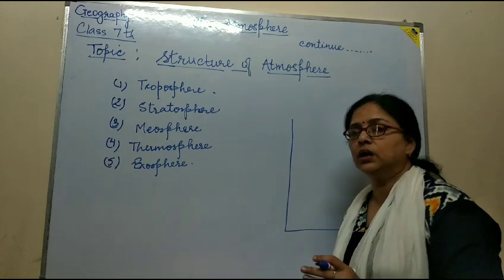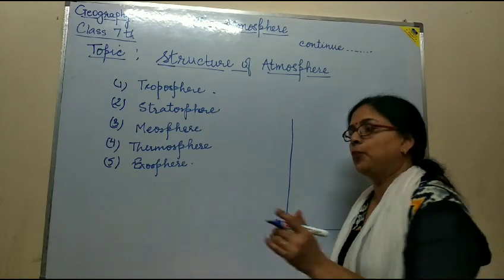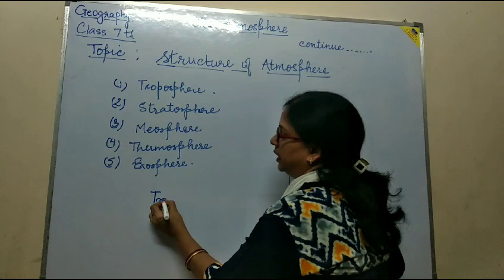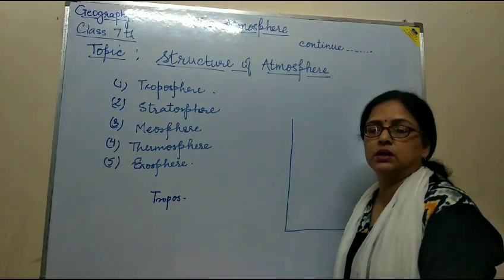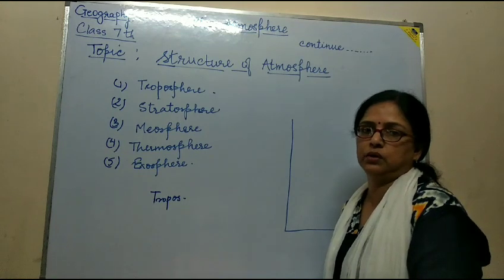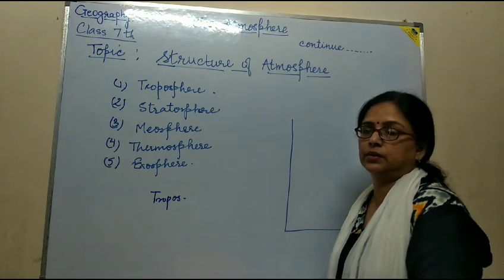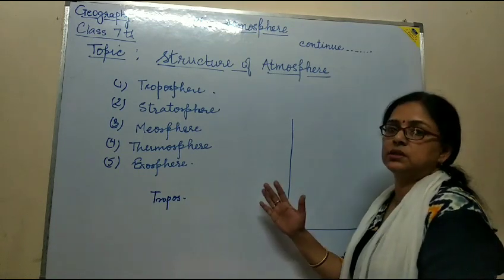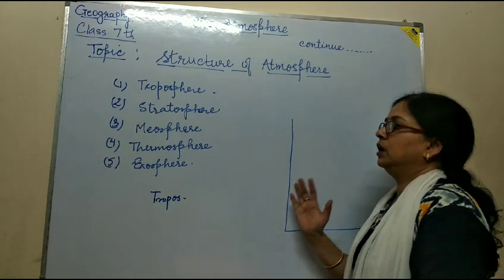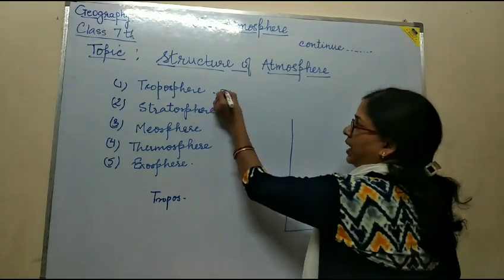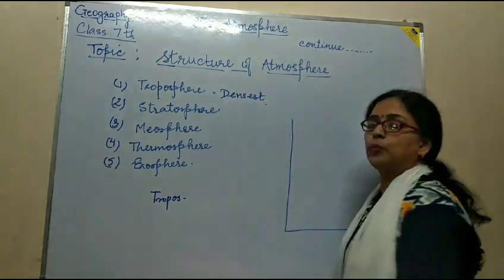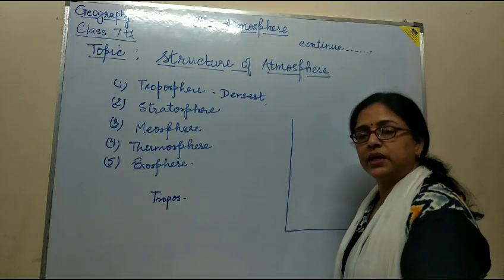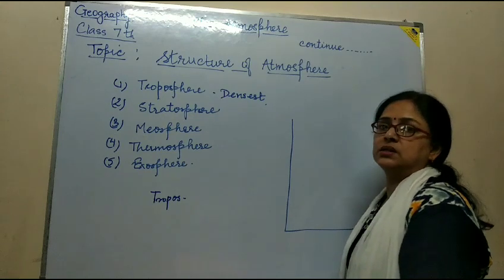It is derived from the Greek word tropos, which means mixing or turbulence. Turbulence means not peaceful, disturbances are there. What kind of disturbances, we'll discuss later. This layer is called one of the densest layers. Why is it called the densest?